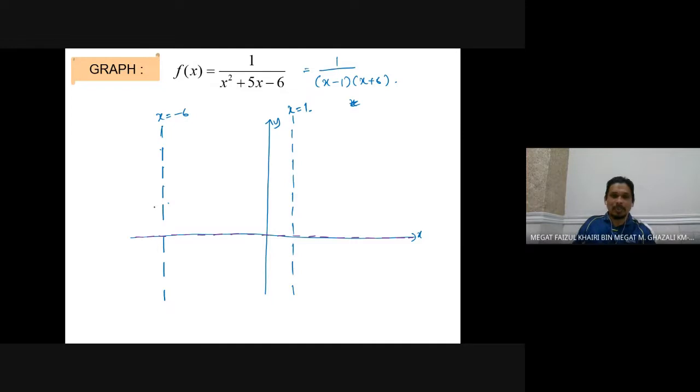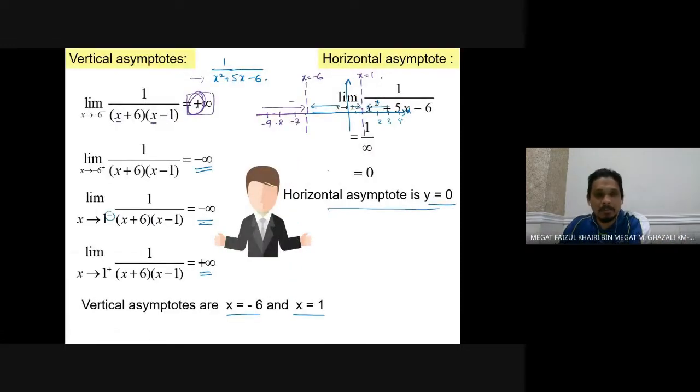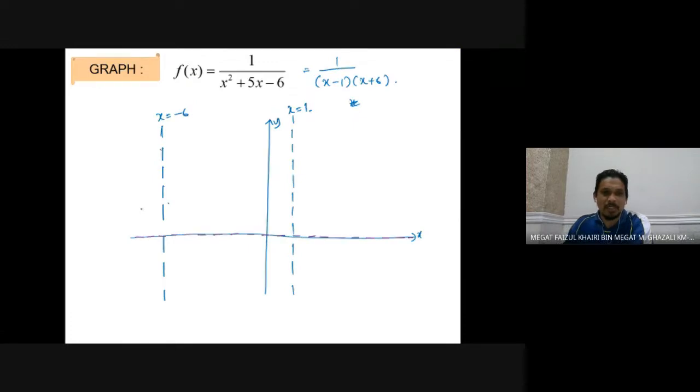Okay, so now, the first: x approaching negative 6 from the left, positive infinity. What's next?